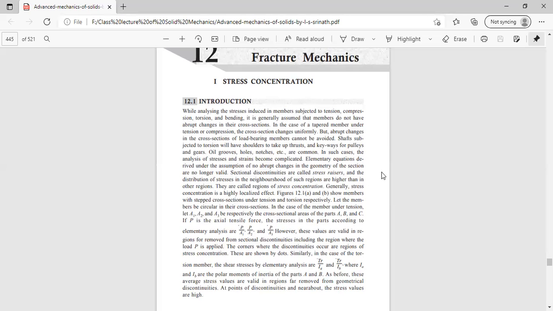You have to add certain complications, or certain other treatment or equations, to get the right stress introduced in the cross section, or to know the right maximum load which is supposed to be introduced in the cross section itself. Now, sectional discontinuities. These are sometimes called stress risers.